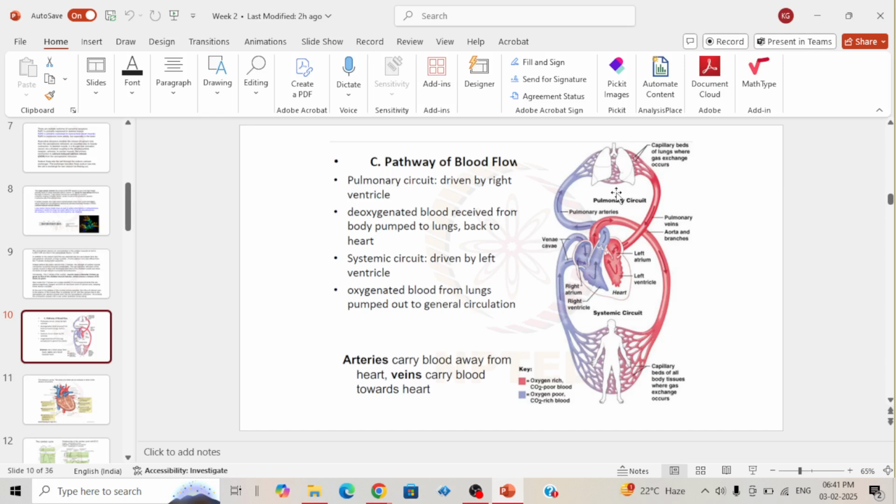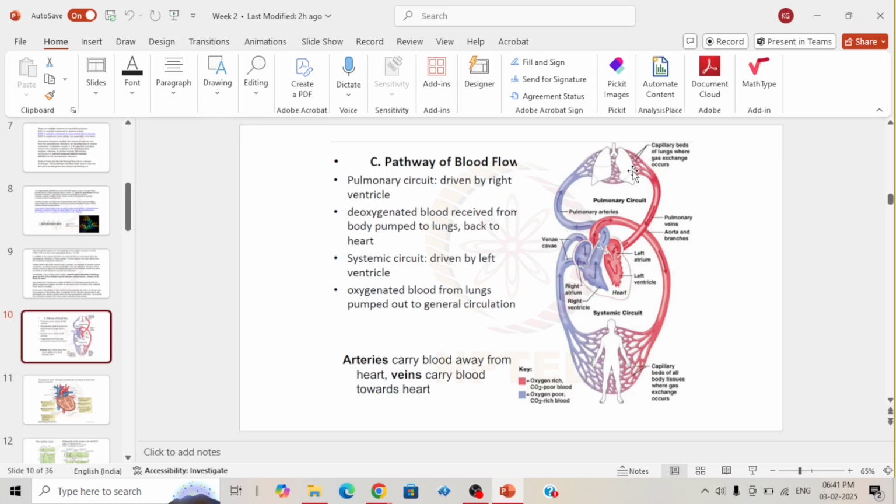Now, there are two circuits here. One is the pulmonary circuit, another is the systemic circuit. The circuit which brings the deoxygenated blood to the heart, and then this deoxygenated blood is taken to the lungs, is called the pulmonary circuit. Again, the deoxygenated blood, when it is collected into the heart and through the heart reaches the lungs, this whole cycle is called the pulmonary circuit.